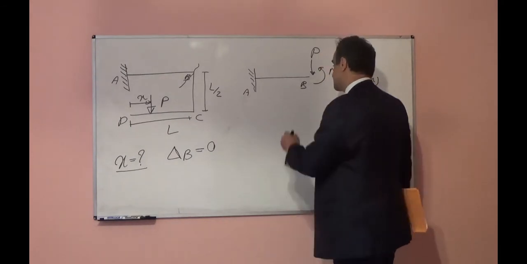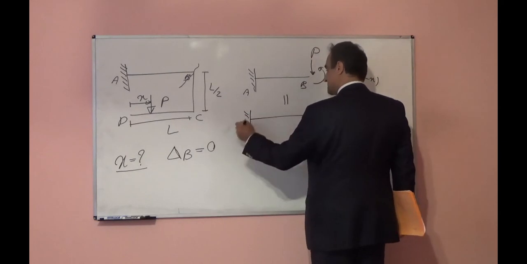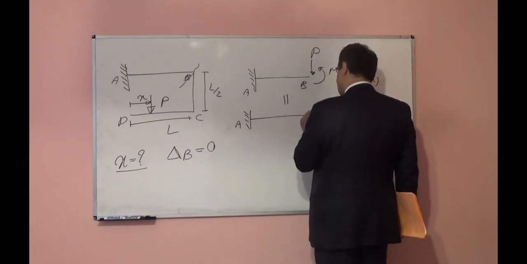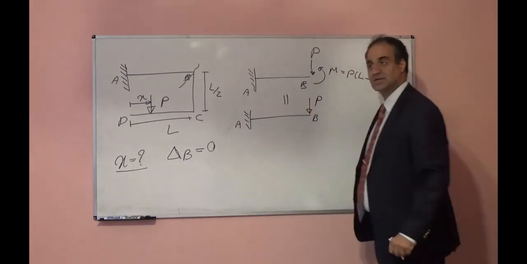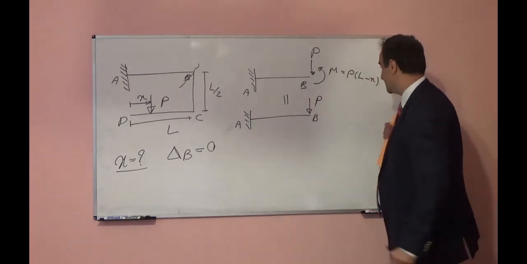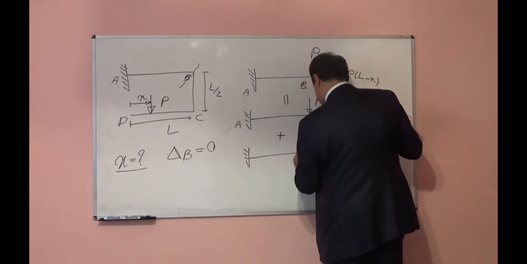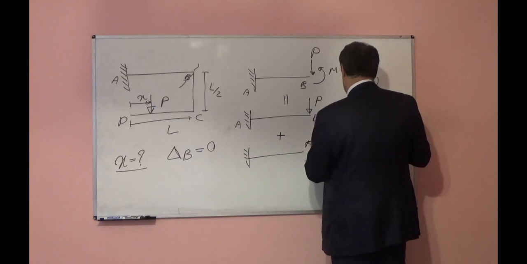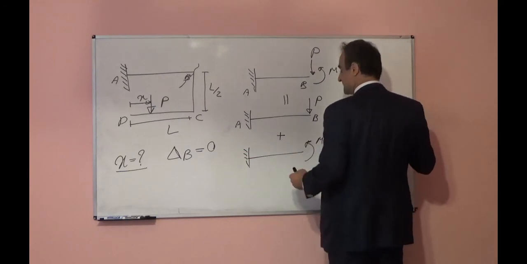What caused delta B here? Let's look at the superposition. It makes the problem easier. We have a cantilever beam subjected to a concentrated load at point B, the free end, plus a cantilever beam subjected to moment M equal to P times L minus X counterclockwise.